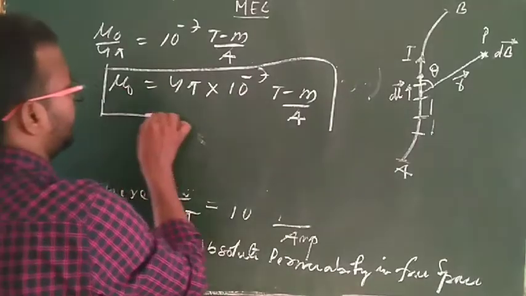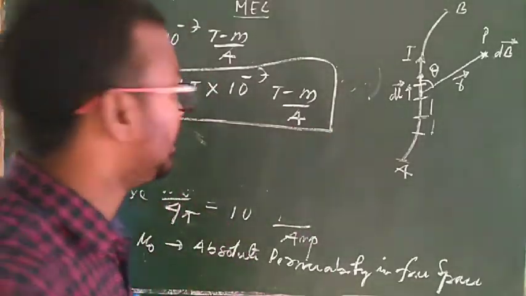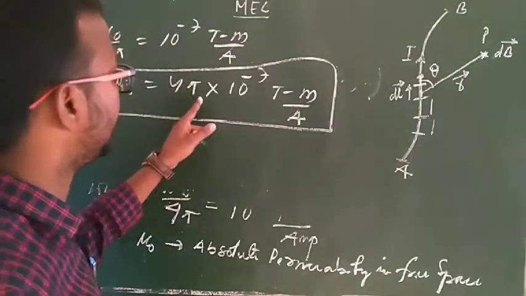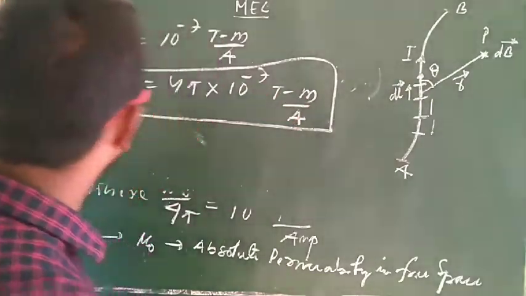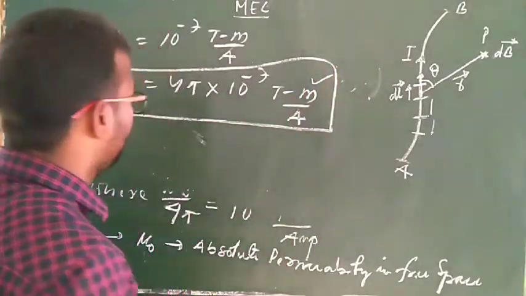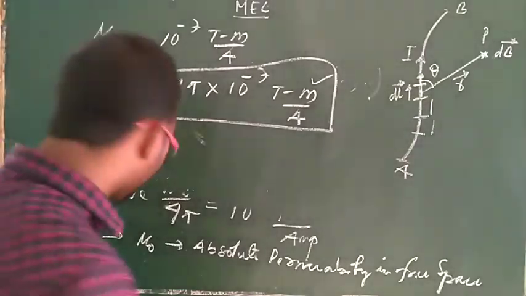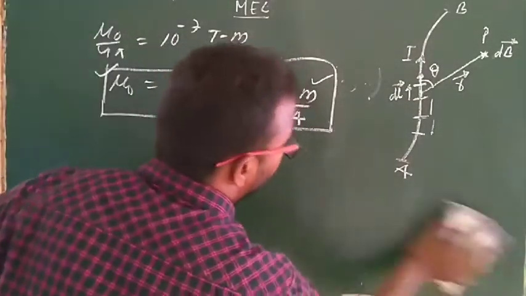Clear? This is the value of absolute permeability in free space, 4 pi into 10 to the power minus 7 Tesla meter per ampere. You have to remember this value and the SI unit of absolute permeability. Clear? Now next we will go for the vector form of Biot Savart law.